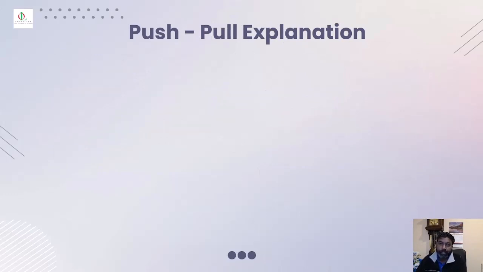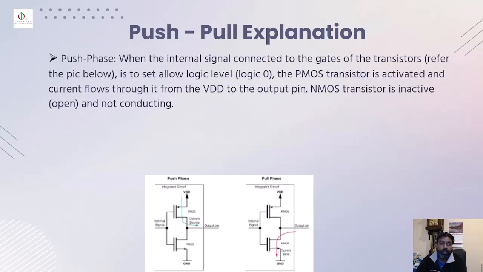Let's get to understand a bit more about the push-pull explanation. In the push phase, the internal signal connected to the gates of the transistors, refer to this picture, is set to logic 0. The PMOS transistor, as I explained, is activated and the current flows through it from the VDD to the output pin, and the NMOS transistor is inactive, open, so there is no conductivity in the NMOS.